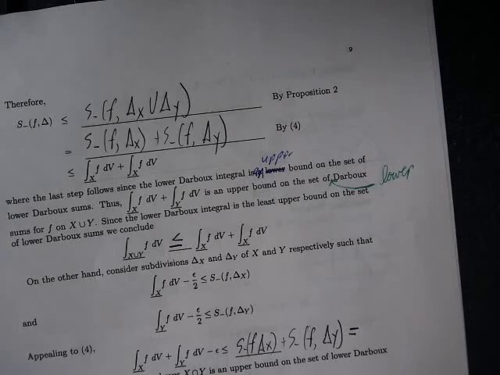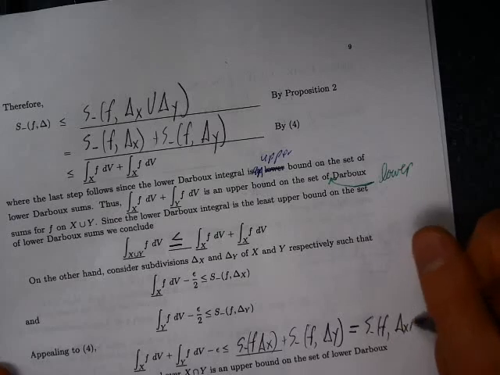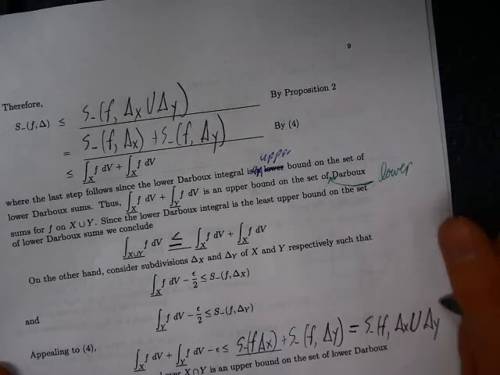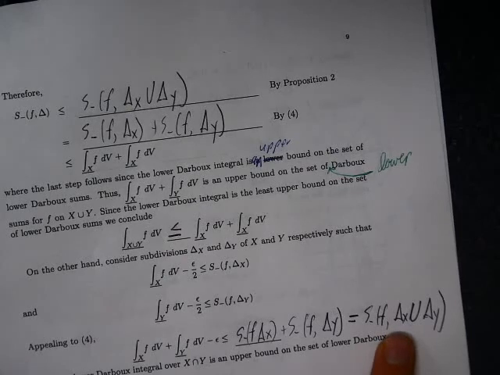S minus f delta x union delta y. Oh, hey, but that's less than or equal to the integral, isn't it? Because the lower integral is supposed to be the least upper bound. There we go.